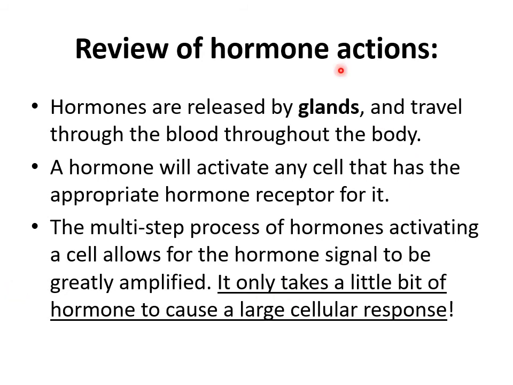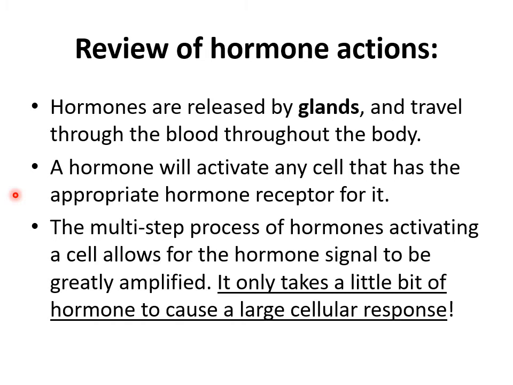So, to review the first portion of this lecture, hormones are released by glands and travel through the blood throughout the body. A hormone will activate any cell that has an appropriate hormone receptor for it. The hydrophilic hormones have receptors on the cell's surface because the cell's membrane acts as a barrier.